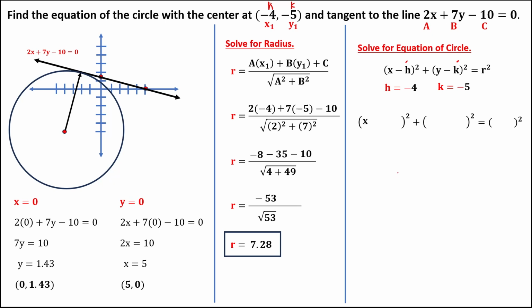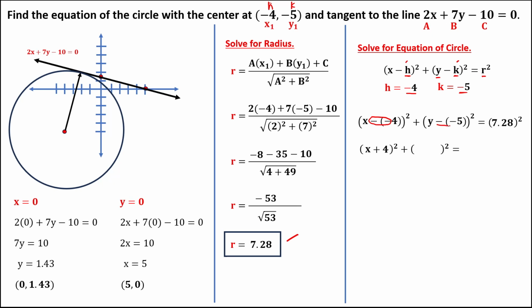So we have x minus h, and h is negative 4. Then plus y minus k, and k is negative 5. Then equals r squared, r is the radius, that's 7.28. Then simplify. So this double negative becomes positive.